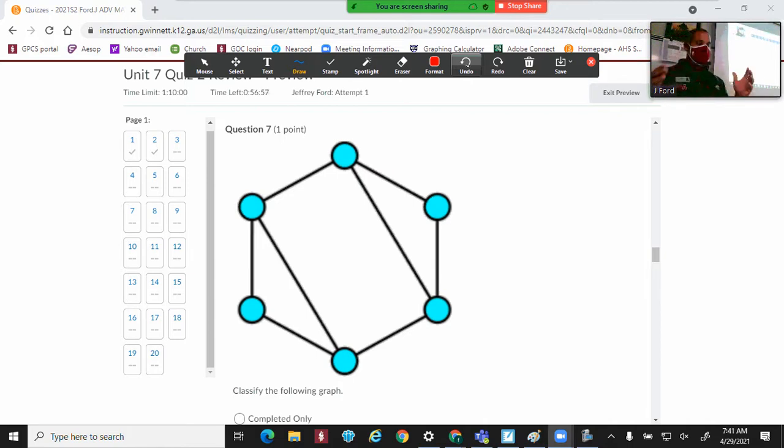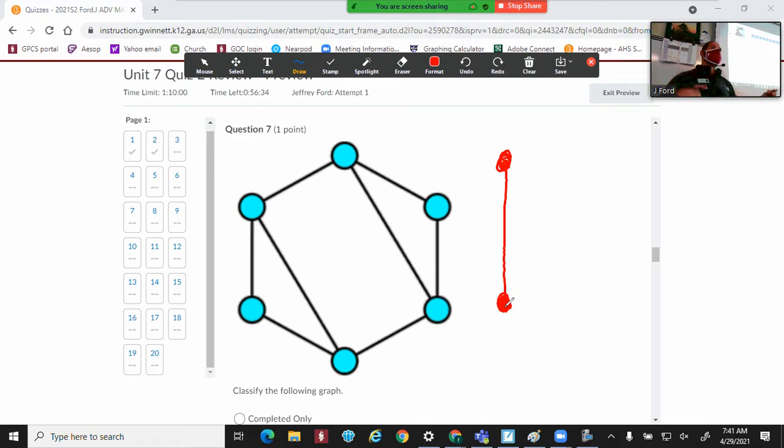Now, a person might ask, what does a graph that's not connected look like? An example is, let's say I draw a separate piece of the graph off to the side. Let's say that little piece is also a part of the graph, but if you notice, it's not connected.